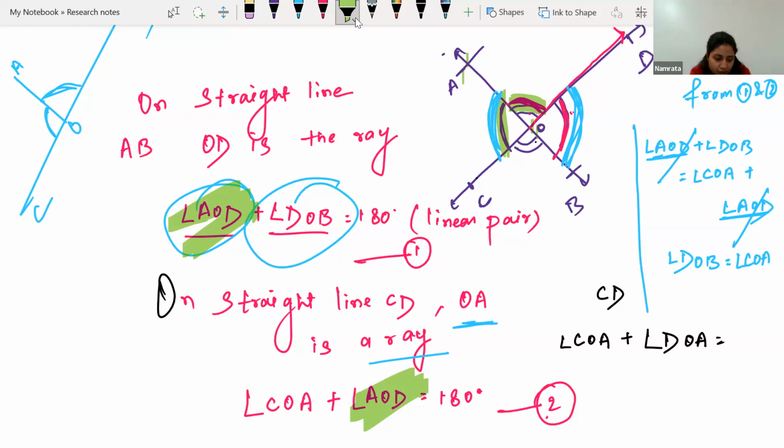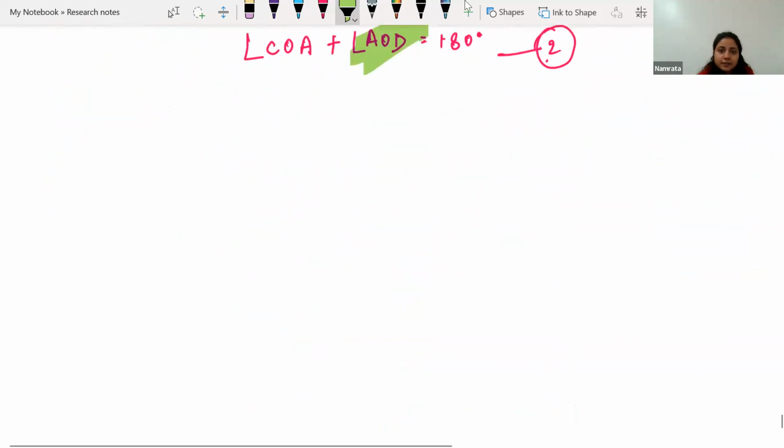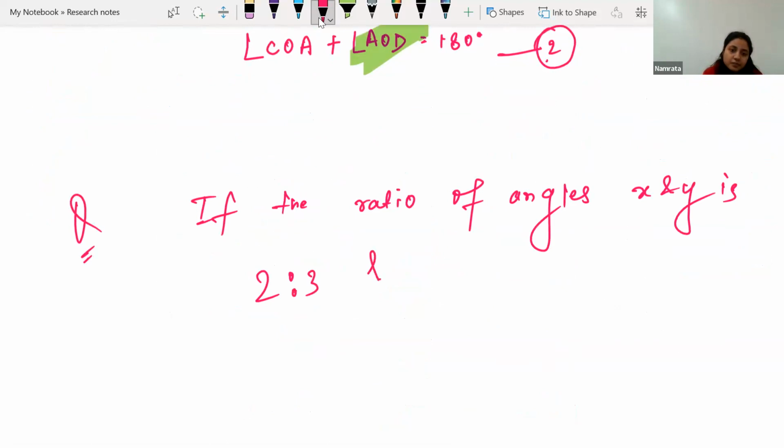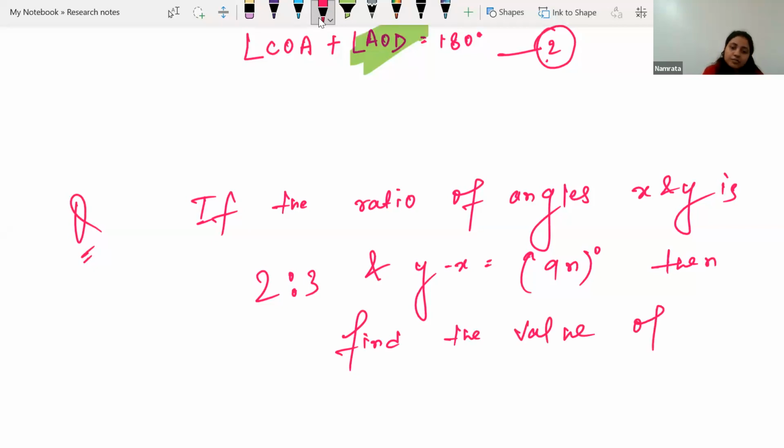Yeah. Here I have taken one question, which says that if the ratio of angles x and y is 2 is to 3 and y minus x is equal to 9n, which is given in degrees, then find the value of n.